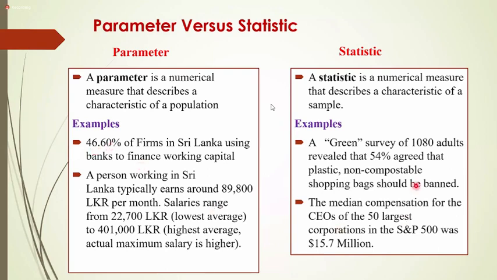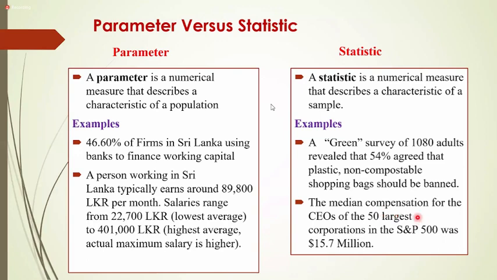Right? Then when we are looking at the second example, the median compensation for the CEOs of the 50 largest corporations in the S&P 500 was 15.7 million. So here the statistic is the median, right? This is a numerical measure. So how are we saying that it is a statistic? We are only looking at the 50 largest corporations.